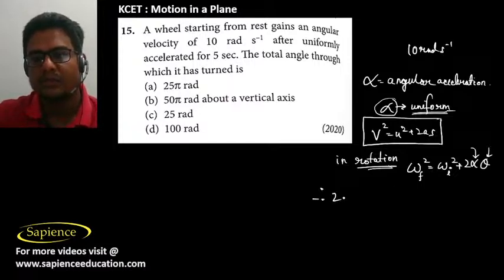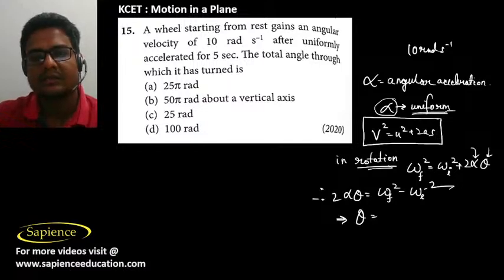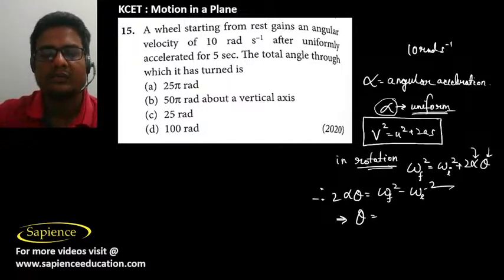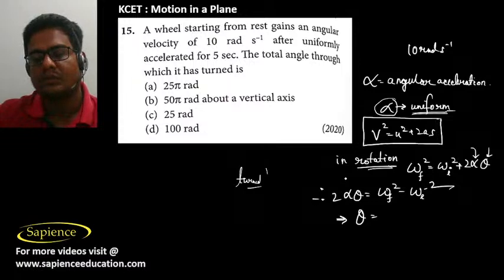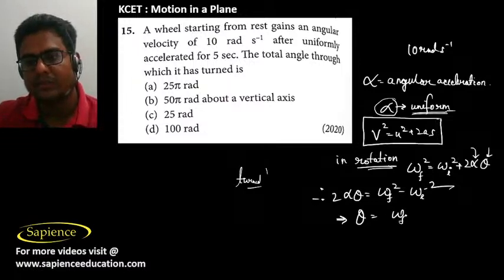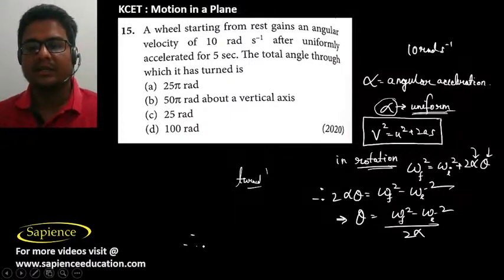So therefore 2 alpha theta is omega final square minus omega initial square. We have to find the total angle through which it turned. So theta will be equal to omega final square minus omega initial square by 2 alpha.